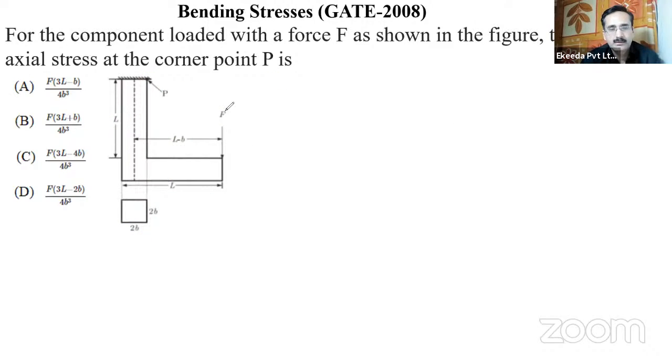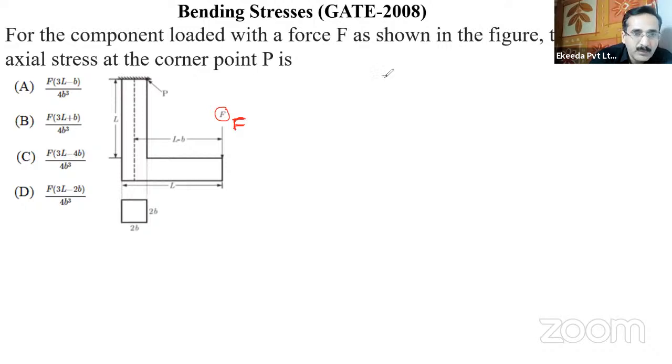Now, here the force is F. It is producing a bending moment as well as a direct stress. The resultant of this force F will be two stresses: one is the direct stress, one is the bending stress, right?